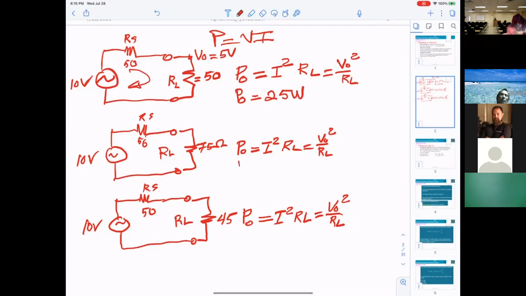Tell me the second one. The load will be 75 ohm.